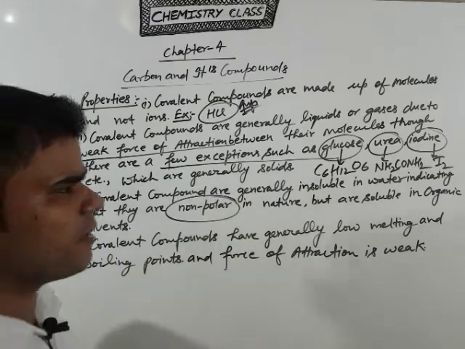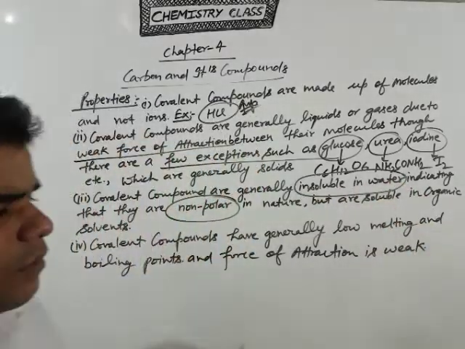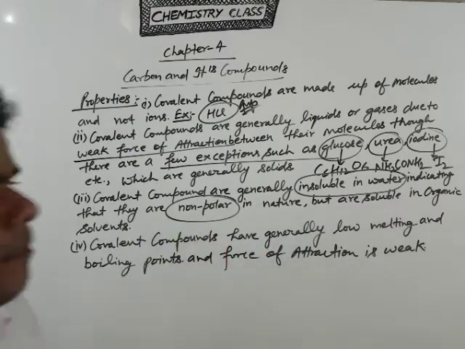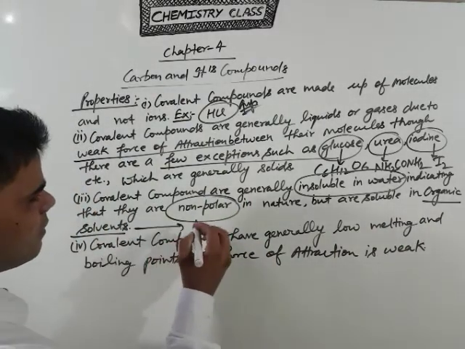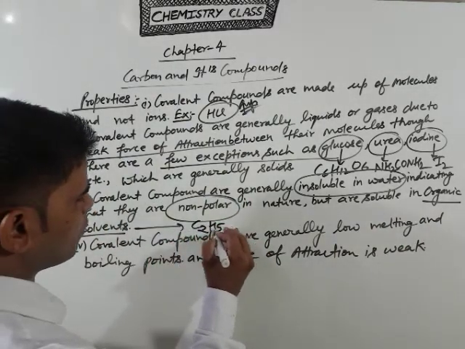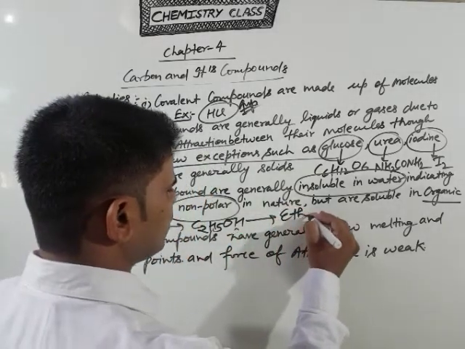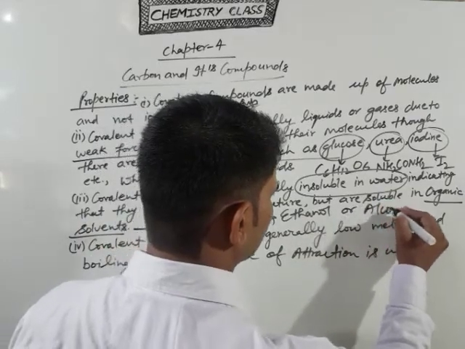Remember, insoluble in water also means non-polar in nature, but they are soluble in organic solvents like C2H5OH. The name of C2H5OH is ethanol, and simply you can say alcohol.